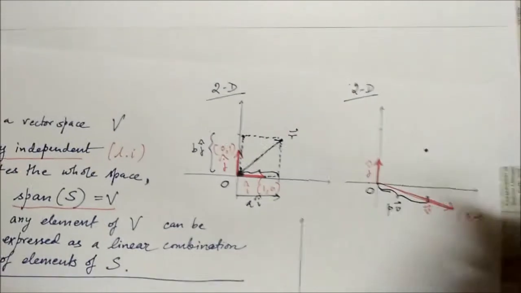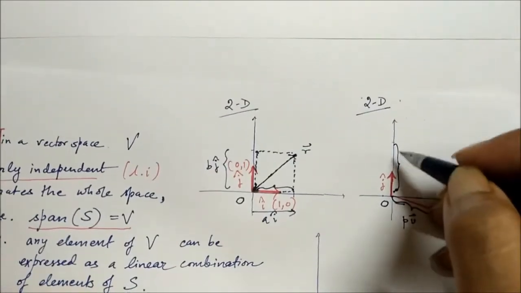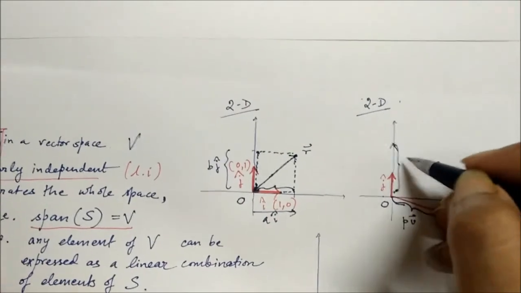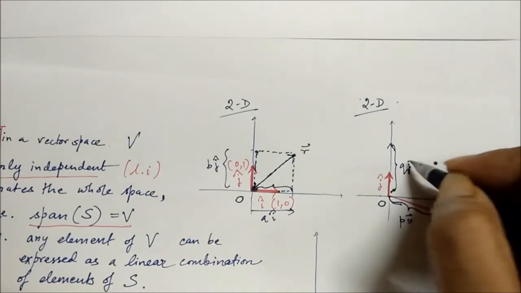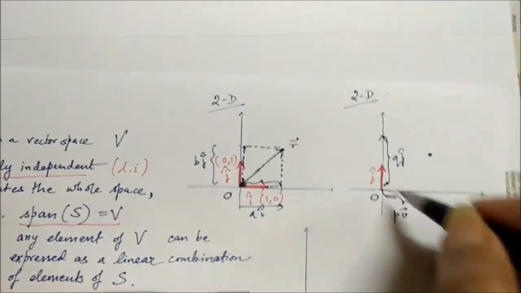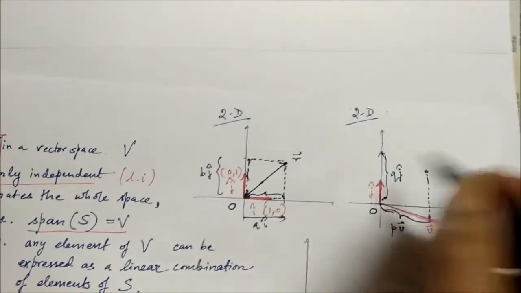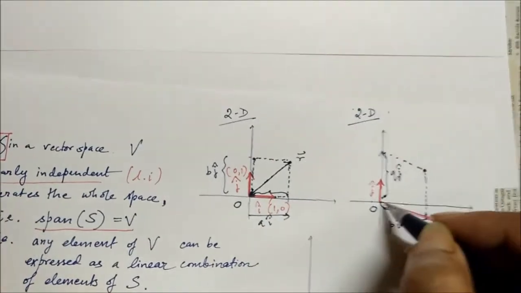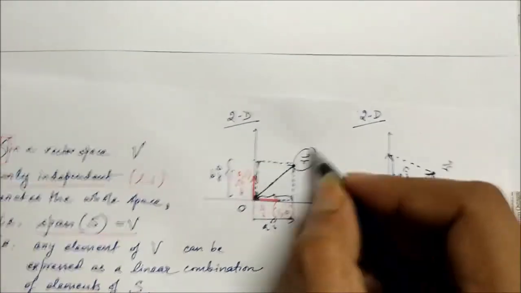So this is pv, and you scale this j cap vector by a factor q, this q j cap. Now if this is a parallelogram with adjacent sides, you know that by the addition law, this diagonal is nothing but your r vector again, the same r vector.